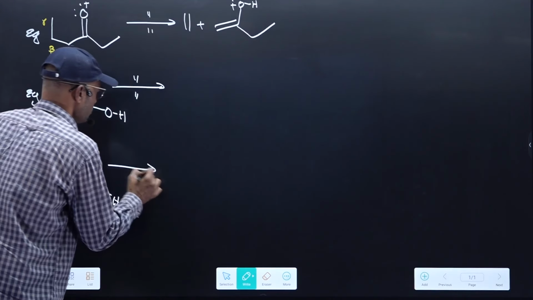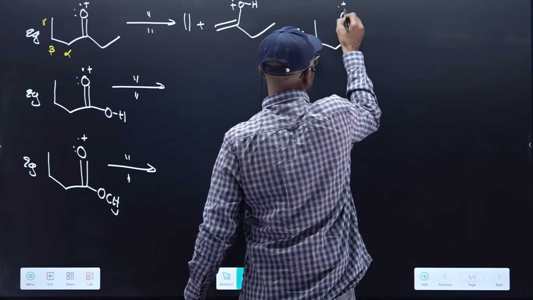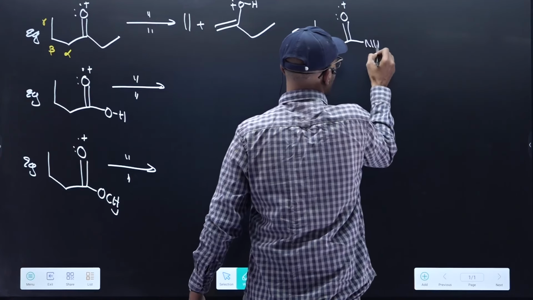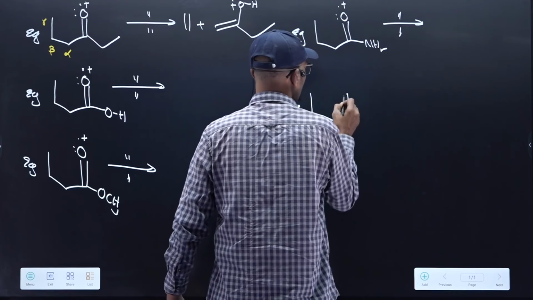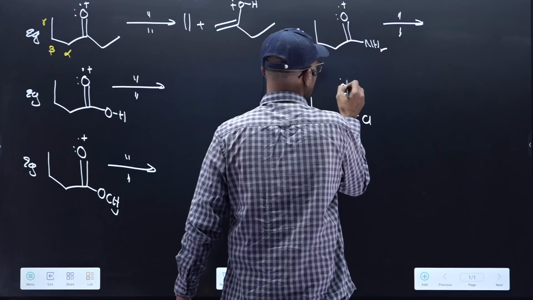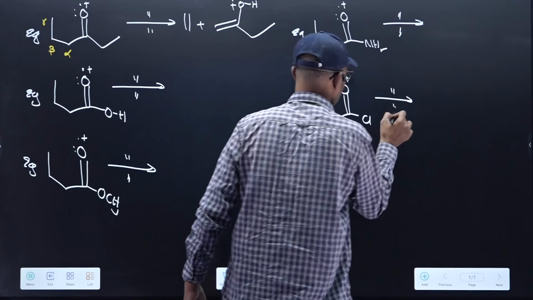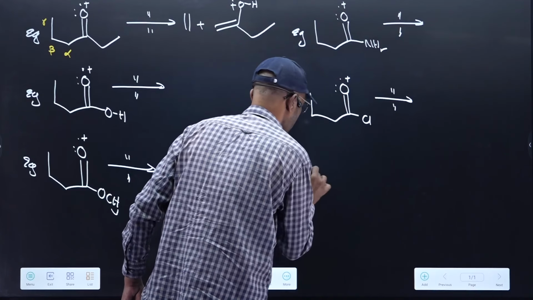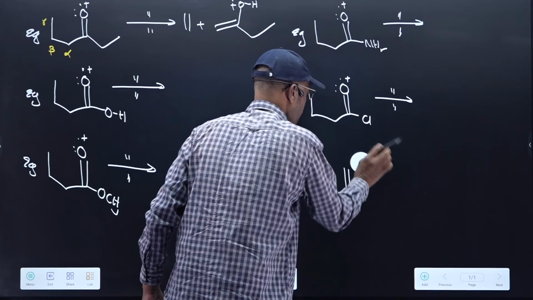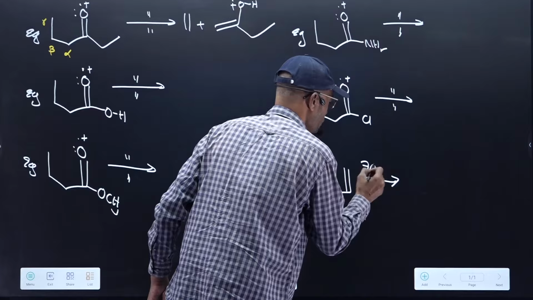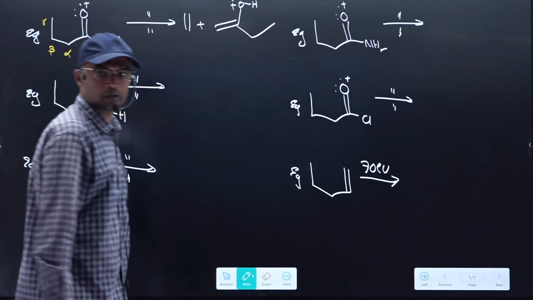Acid ester, and this is amide, McLafferty fragmentation, acid halide. Then double bond. See, this is a double bond. 70 electron volts I am applying. Give the McLafferty fragmentation for the double bond.